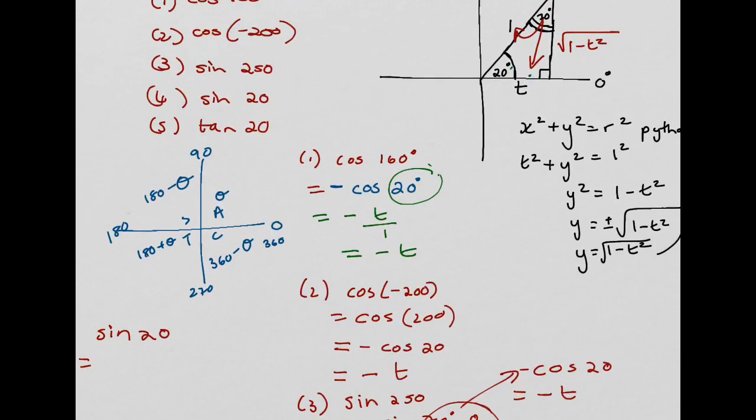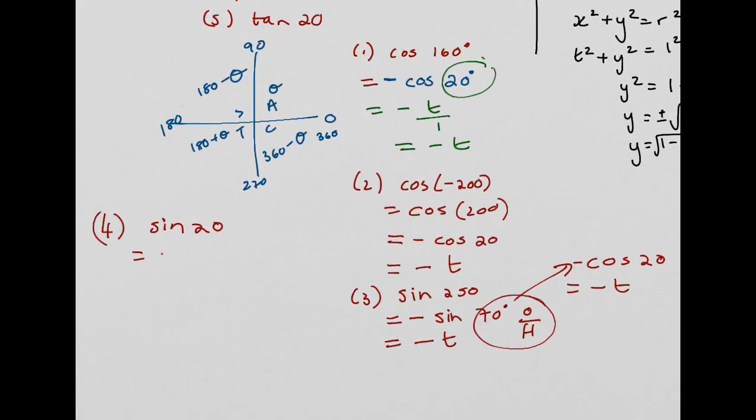And when you're working with sine, you're working with opposite over hypotenuse. So from 20 degrees, where is opposite? It is your root side. Where is the hypotenuse? It is 1. So it's going to be root 1 minus t squared all over 1, but then we leave the 1 off. So it's just root 1 minus t squared.